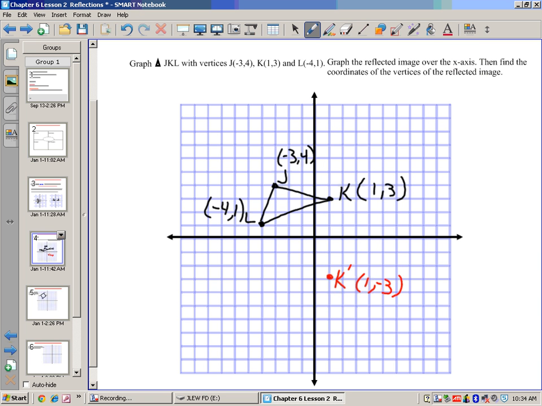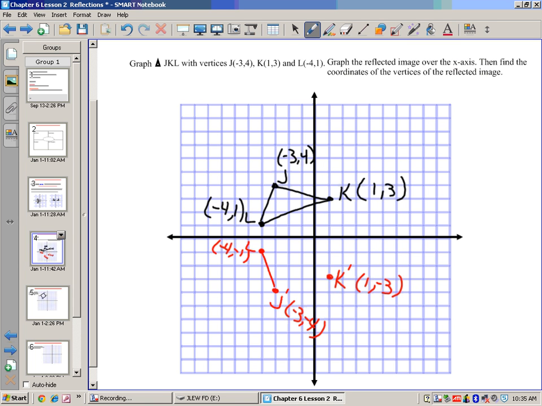Okay, let's look at J. The x stays the same, so we're going to be at -3. And 4 times the -1 is -4. So there's going to be our J prime: -3, -4. And then L, the x stays the same, so -4. And then the 1 times the -1 is going to be -1. So L prime is -4, -1.